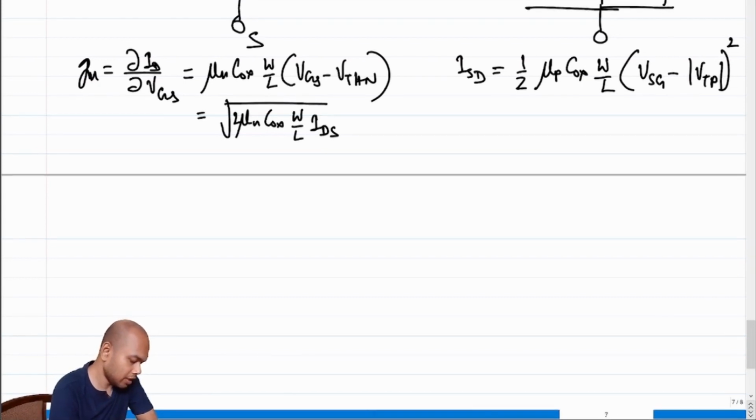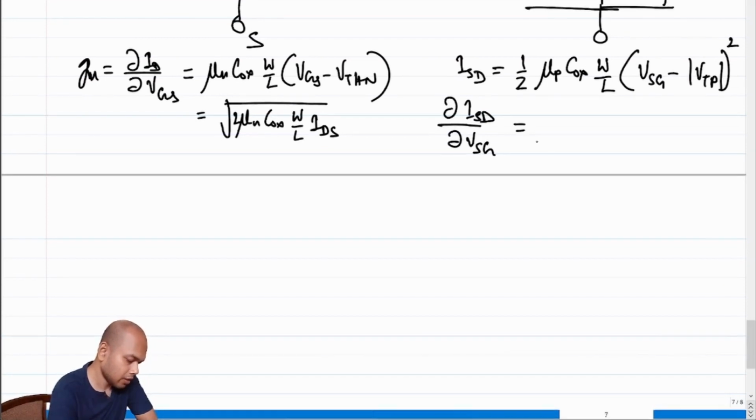So let's do the usual thing first. What will it be if we define GM as dou ISD by dou VSG, right? So if we do dou ISD by dou VSG, what should we get?